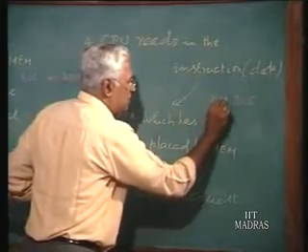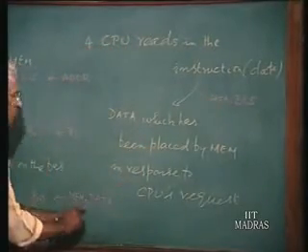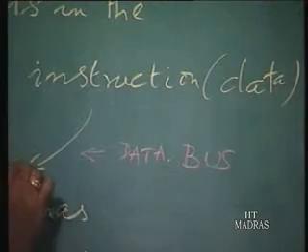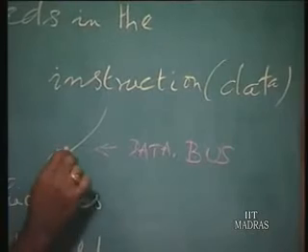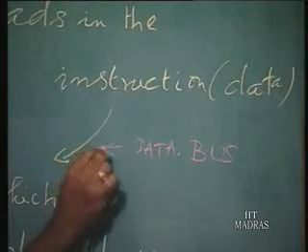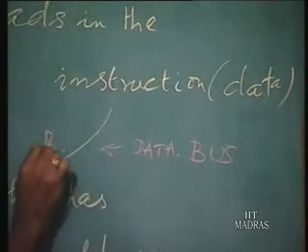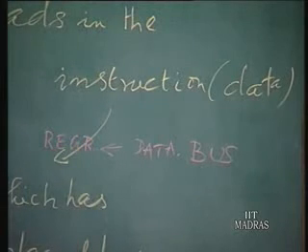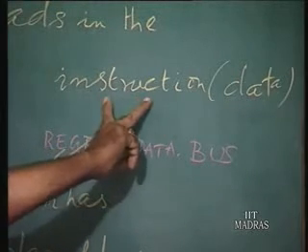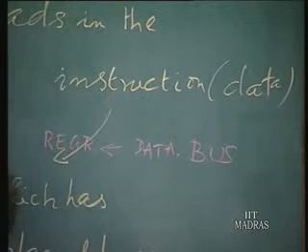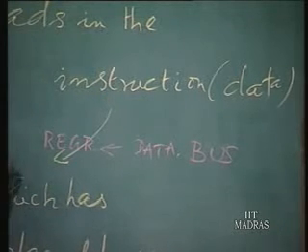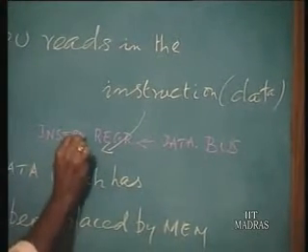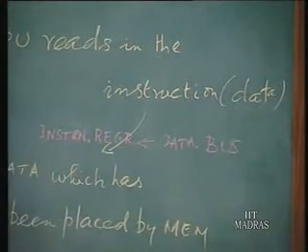The data which was available on the bus is going into the CPU. In the CPU, I will just put it as going into some register. Now we have assumed that it is an instruction, so it's okay on my part to assume that this goes into what I may call an instruction register.